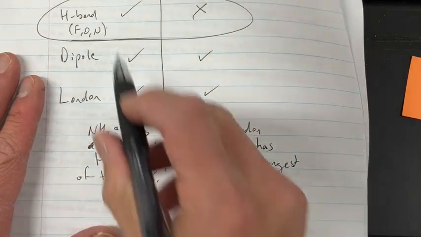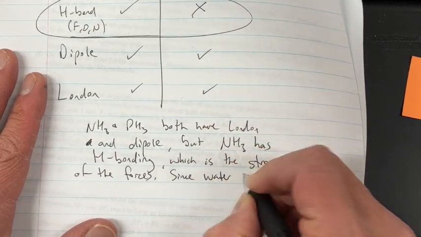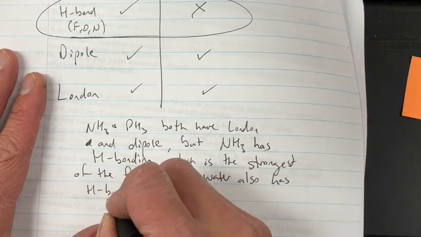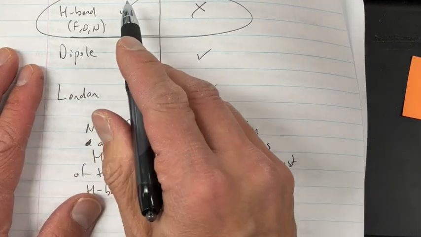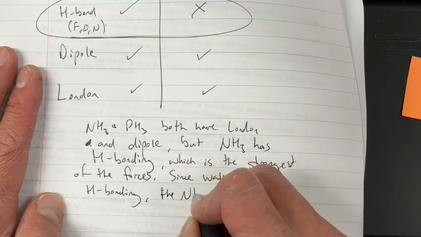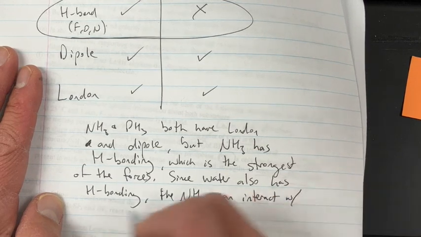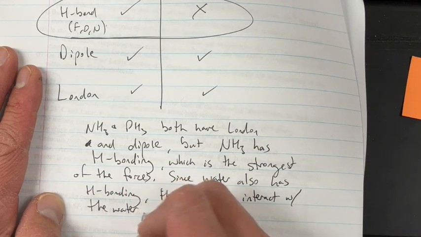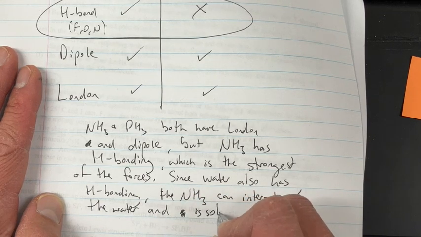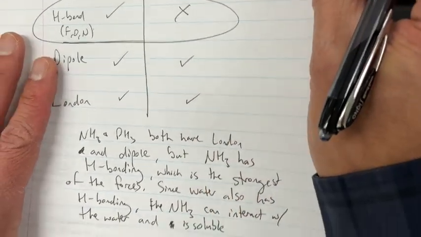Okay. Since water also has H bonding, what can the NH3 do with the water? The NH3 can interact with the water and is soluble, whereas PH3 is not able to.